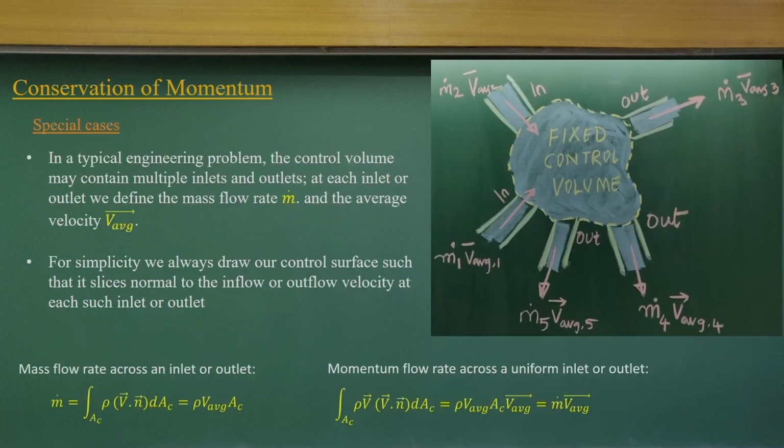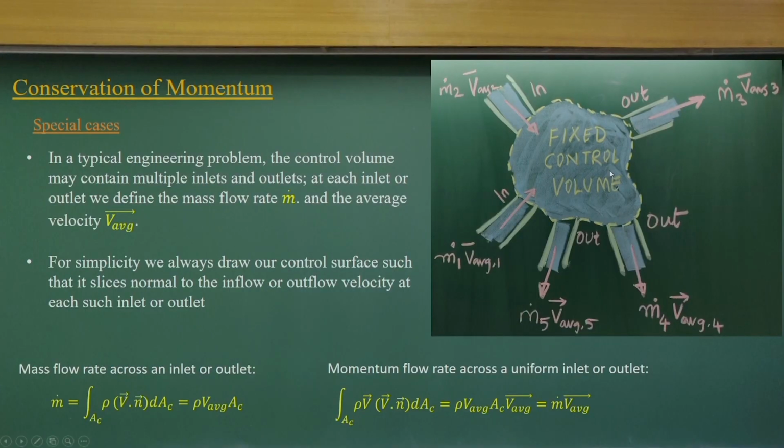Now, let us consider a special case. Many times in industry, if you look at the network of pipes connected to tanks, there will be a series of inflows and a series of outflows. Like this, a fixed control volume with a series of inflows, 1 and 2 are the inflows, and 3, 4, 5 are the outflows.